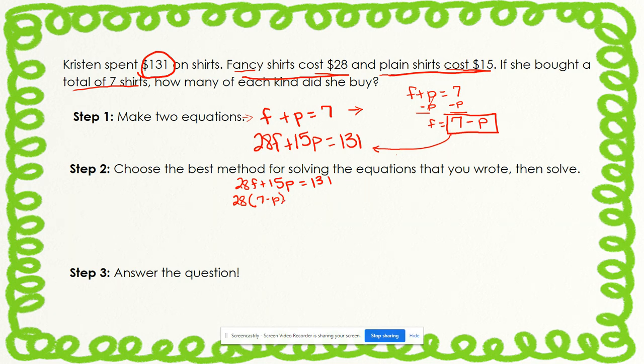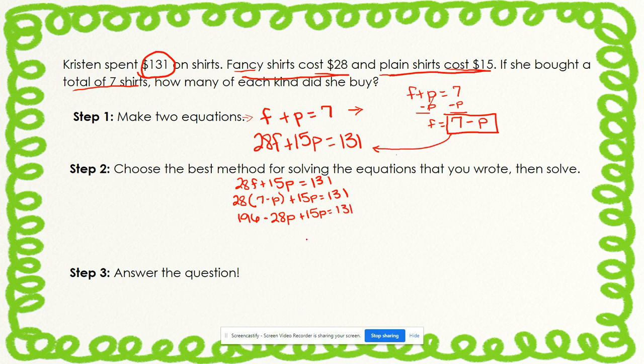And then I'm going to finish writing the equation, so plus 15p equals 131. So I'll do 28 times 7, and I get 196. Then 28 times negative p, that's a negative 1p, so I'm going to write negative 28p plus 15p equals 131.